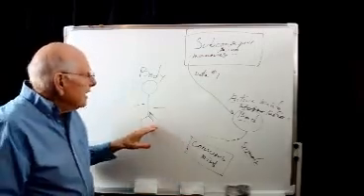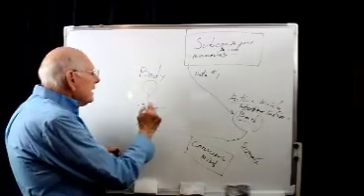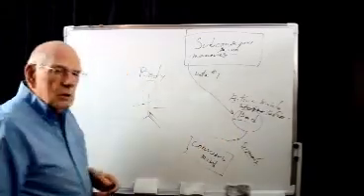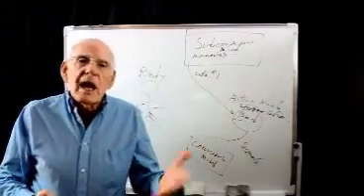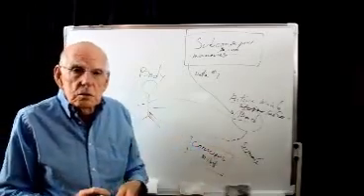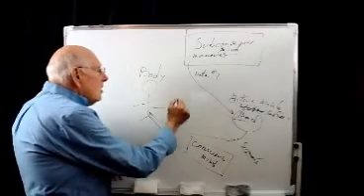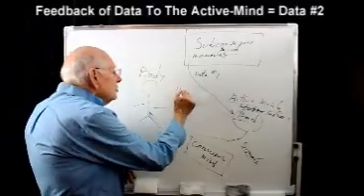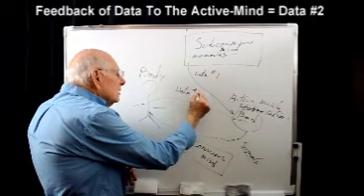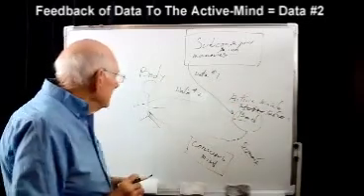So as the body begins to change its systems, it sends back information to the mind as to the status of these changes based on these signals. That input is now data 2. You got more information going back to this part of you that makes interpretations.